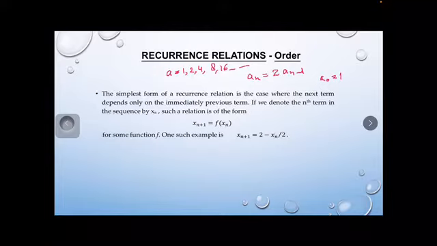So our first term is 1, and when we put n equal to 1, a1 is 2 times a0, so the second term is 2. The third term is a2, that is 2 times a1, that is 4. So we can write our recurrence relation an equal to 2an minus 1 in terms of the one previous term.